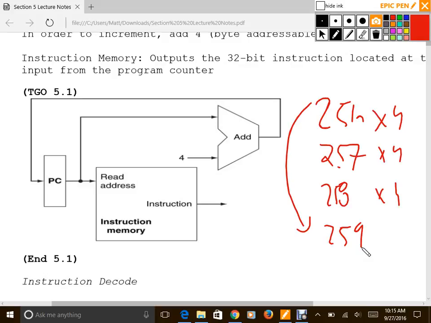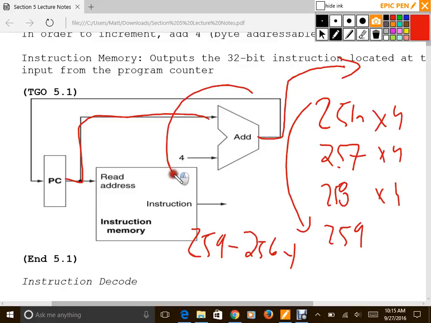What that means is the value that's going to our branch logic is this value here, that 256 times 4 plus 4, right? So we're going to say, all right, 259 minus 256 minus 1, which is because of this adder that we're adding 4 every time. And then we multiply by 4 because of byte addressing.